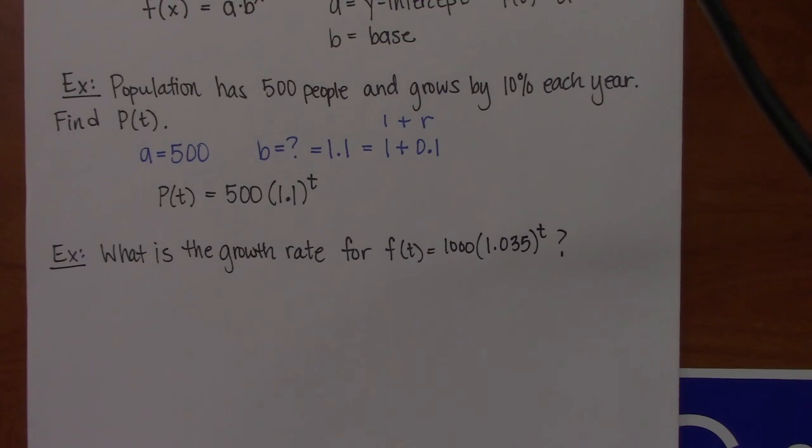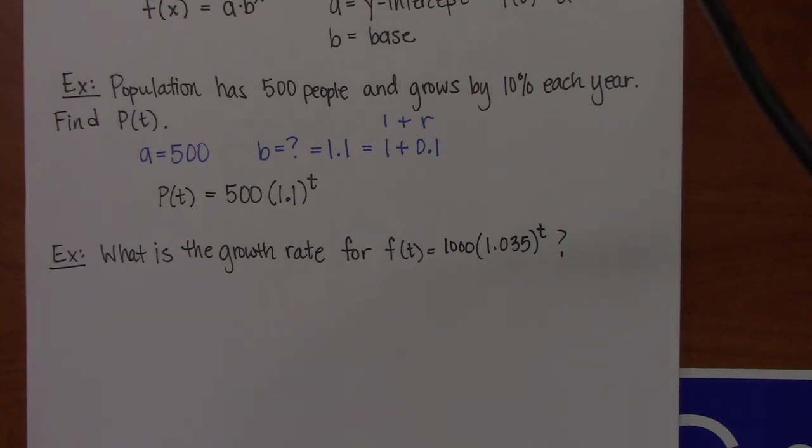So if I give you an expression and I ask what the growth rate is in this expression, well, 1,000 is just whatever the value was at time 0, right? The number inside is the base, right? And for the rate, you take the stuff in addition to the 1, because all the 1 is doing is keeping what you currently had.